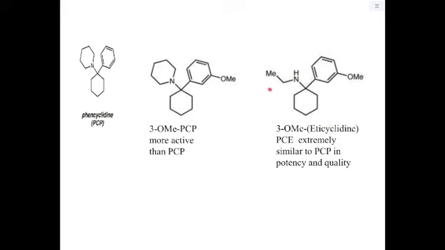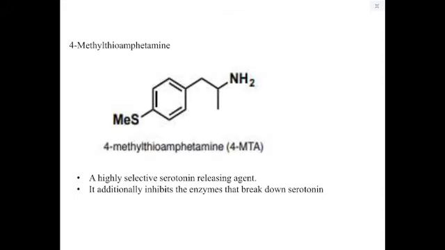So even with opening of the piperidine ring, we still have maintenance of activity. But of course, in this one again, we have the meta-methoxy group with opening of the piperidine ring with retention of activity. So those are the two structural modifications that can be done to PCP with retention of hallucinogenic activity.